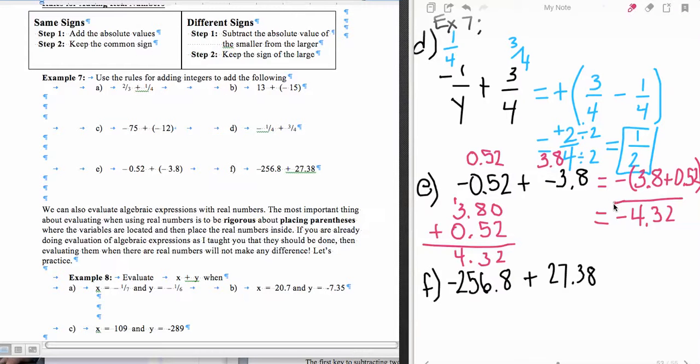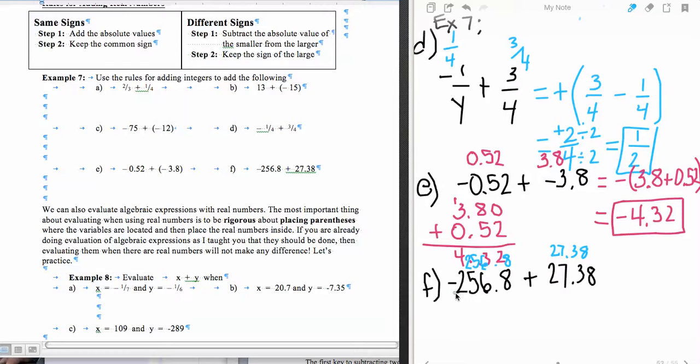All right, now going along to the next one. In the next problem, what we see is that we have negative 256.8 and 27.38. So the first thing I'll do is I'll get my absolute values. 256.8 is the number without its sign, and 27.38 is the number without the sign over here.